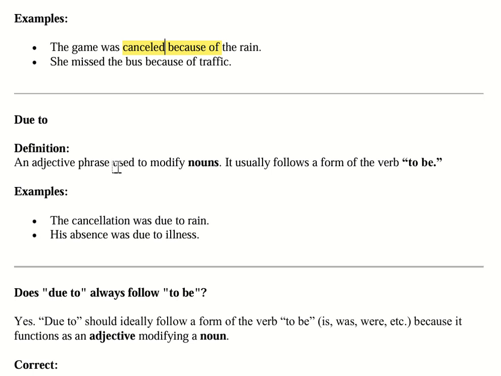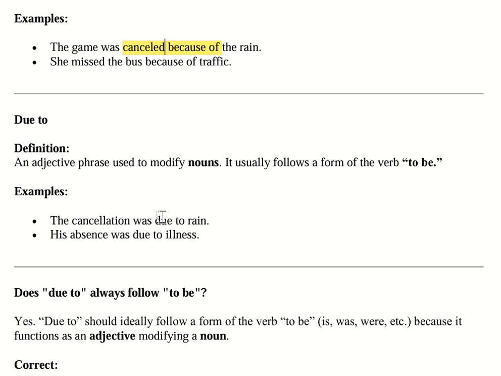And always remember one thing, that it usually is followed by a to be verb. If you look at the example here, the cancellation was due to rain. Here, due to is modifying the cancellation in the sentence.